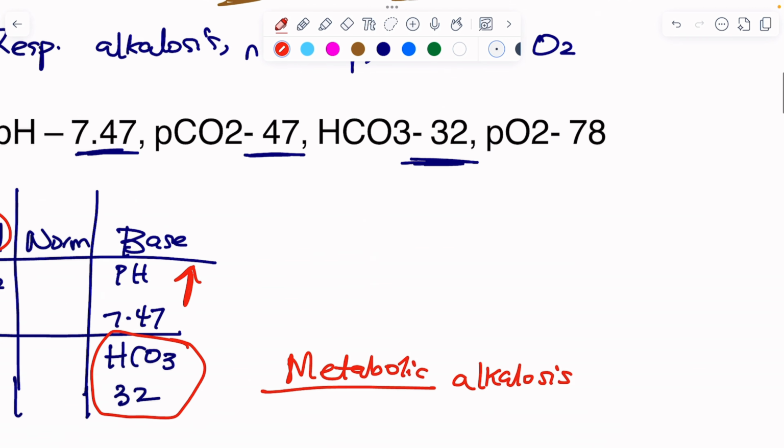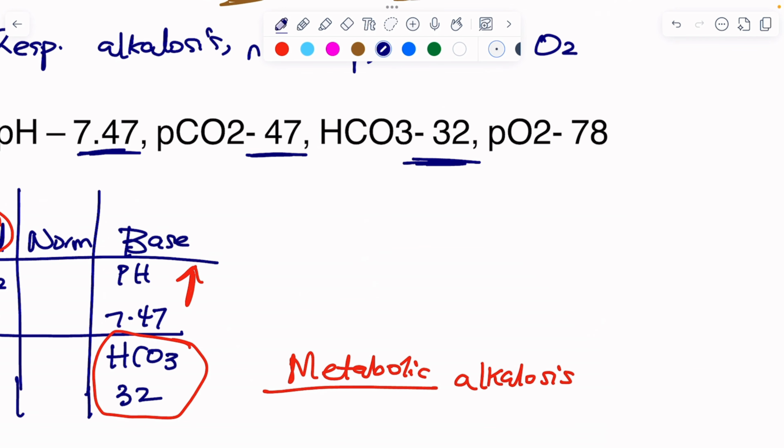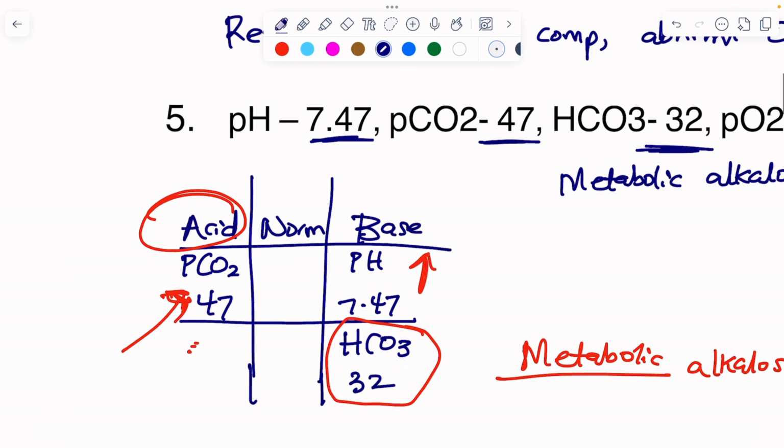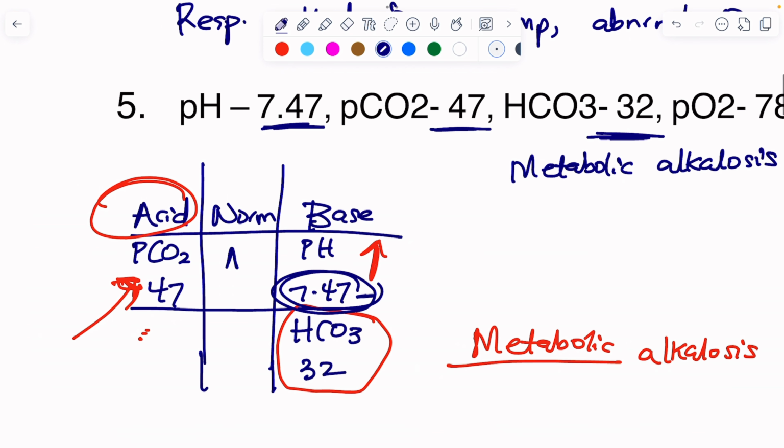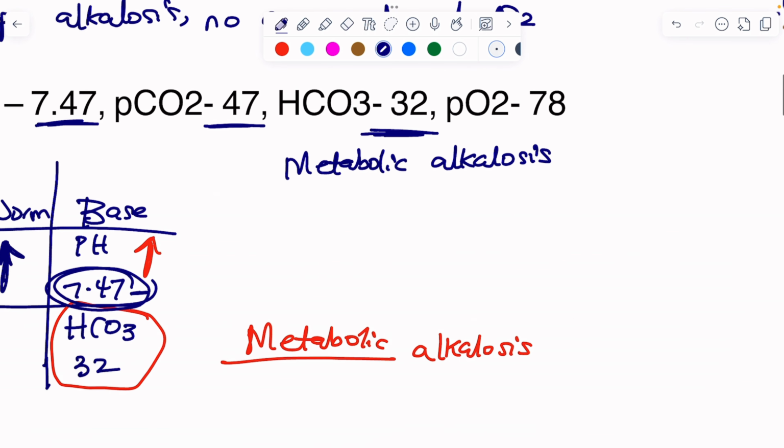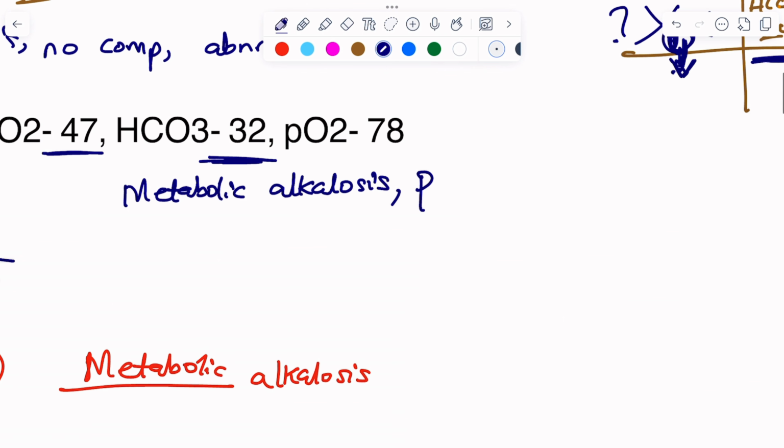So we'll come here to say metabolic alkalosis, but it is partial compensation because the pH is not within normal range. If the pH was somewhere here, in normal range, it would be full compensation. But in this case, it's partial, abnormal O2.